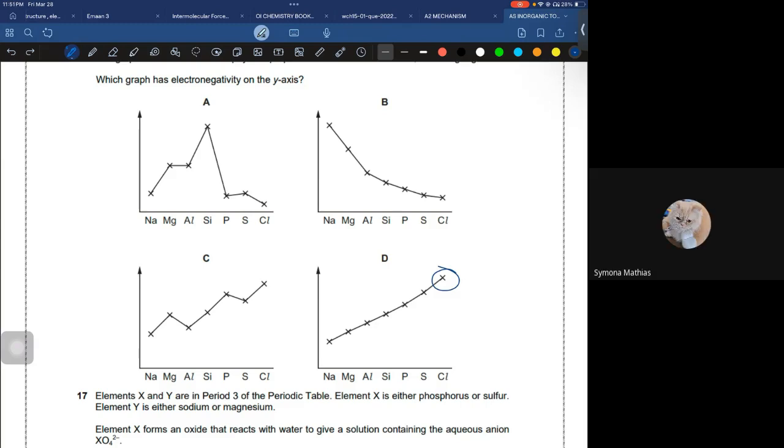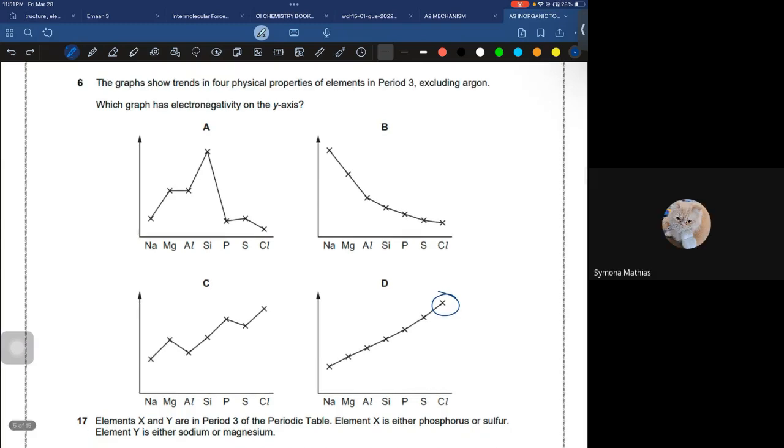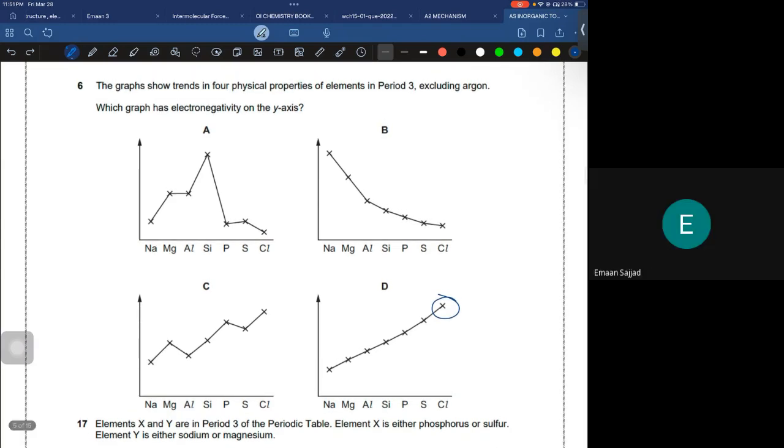Sir, is it A? Yeah, A is correct. Which graph has electronegativity on the y-axis? I think someone was saying D, let's check option D or A.